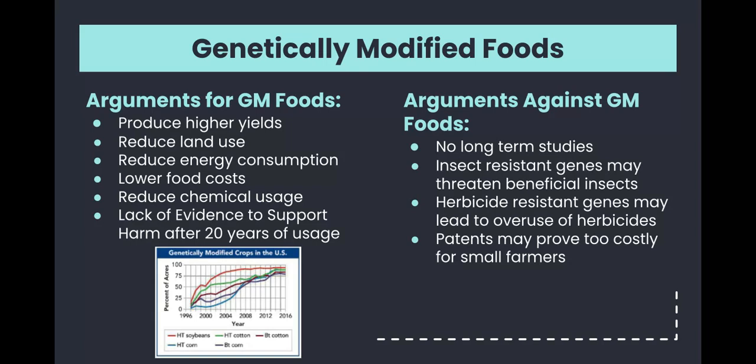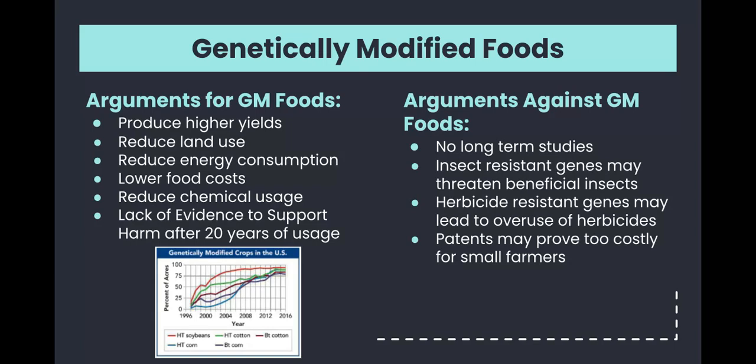So let's talk about the more arguments against GM foods. Although there is not a lot of evidence supporting harm, there aren't a lot of long-term studies that have been done on this. So people who've had the time to sit down and run studies for years studying what's exactly happening and could this possibly be harmful?